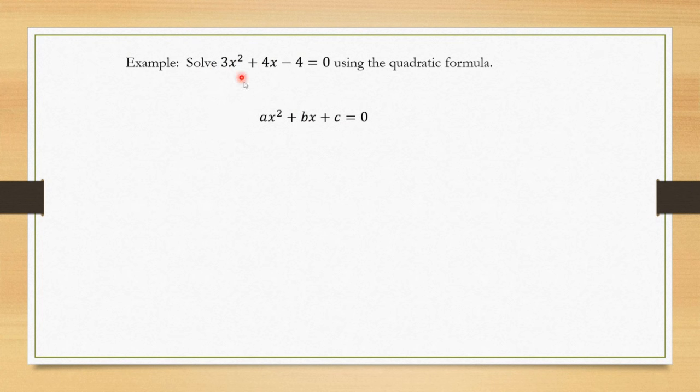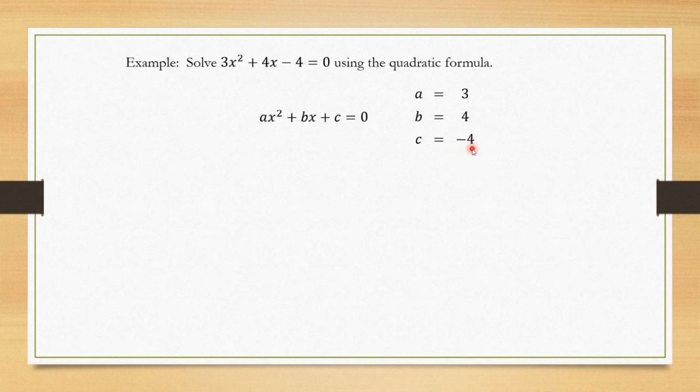The leading coefficient is your A. The coefficient of X is your B. The constant term is your C. But you must include the minus sign when you're subtracting. That's what we're doing here. So we have our A, B, and C. Remember, you include the minus sign. Make sure you do that.